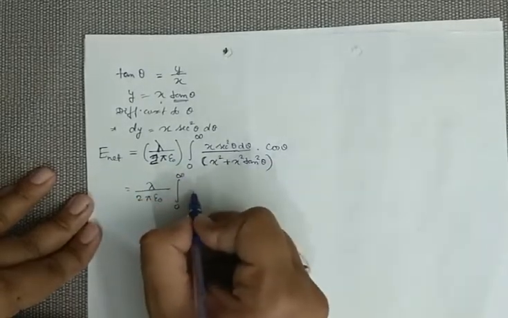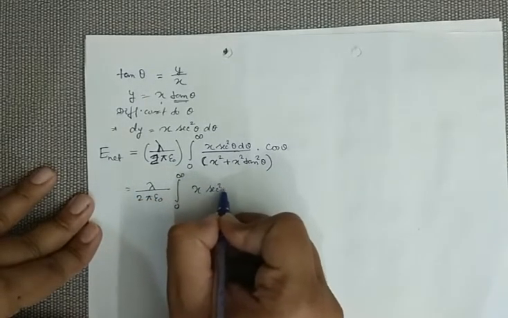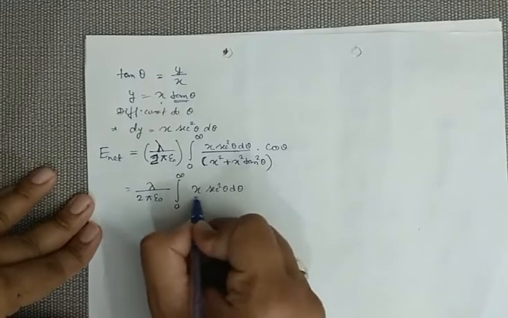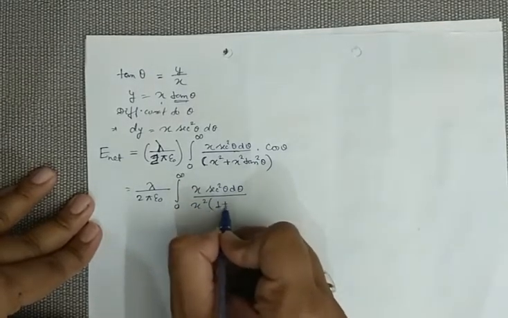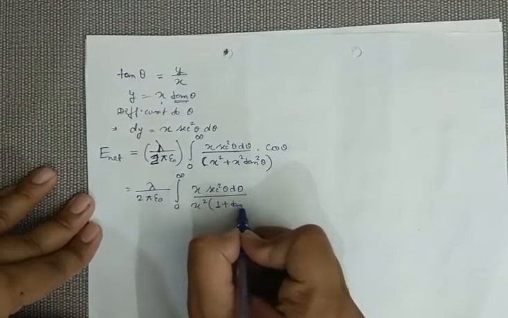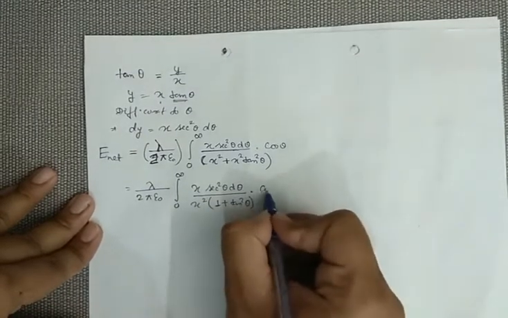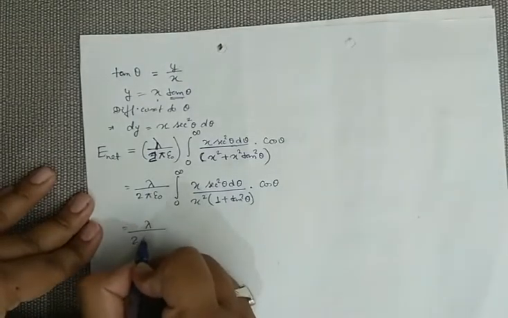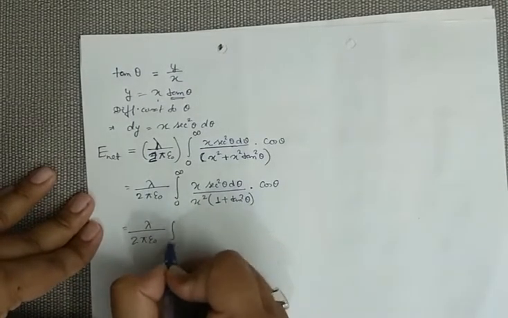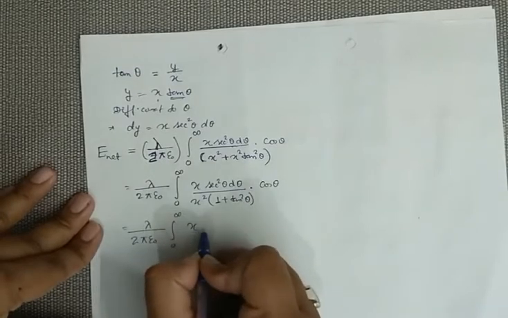I'm simplifying a little bit, taking x square common, we'll get 1 plus tan square theta into cos theta. If you remember one trigonometric identity, the terms cancel out.